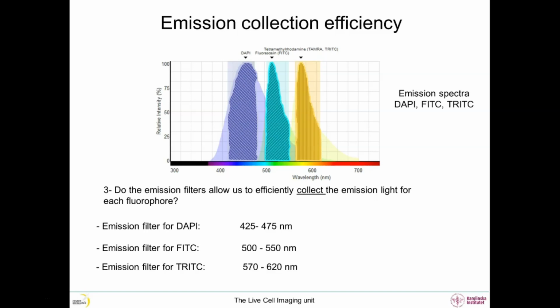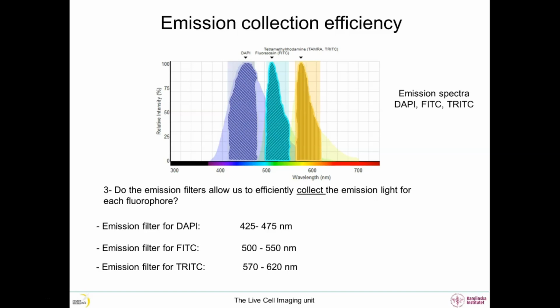Thus, the answer to our third question is that these filters work very well for our three fluorophores, although we throw away a lot of light of the DAPI emission. This is because DAPI is not a very good blue fluorophore. It actually emits blue, green, and red light. We're only interested in the blue part.